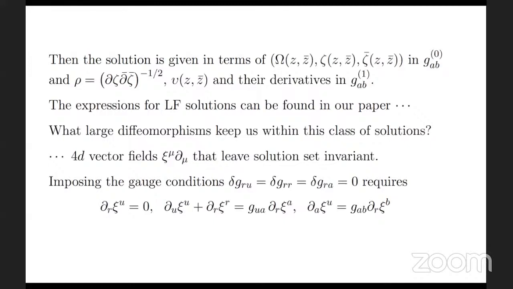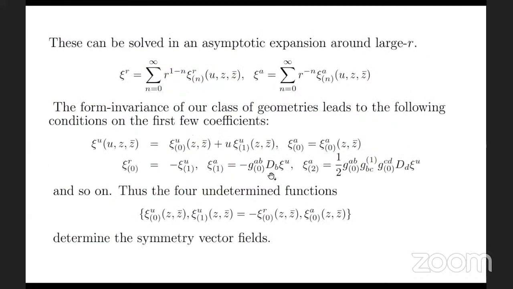Okay. Then what are the diffeomorphisms that keep us within this class of solutions that I have found so far? Those will be the 4D vector fields that leave the solution space invariant, right? I will not give you the details of this calculation, except to say that once you set up the vector fields properly, you will find that they are given in terms of 4 functions of z and z bar.